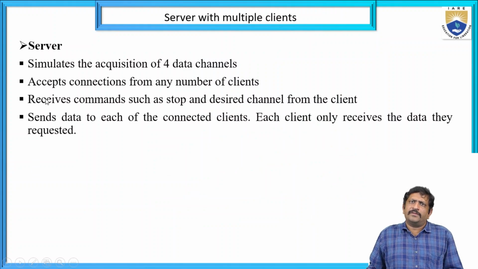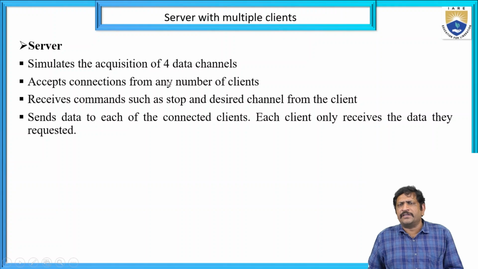The server simulates the acquisition of 4 data channels and accepts connections from any number of clients. So these are all the features of the server. It accepts connections from any number of clients. It receives commands such as stop and the desired channel from the client.